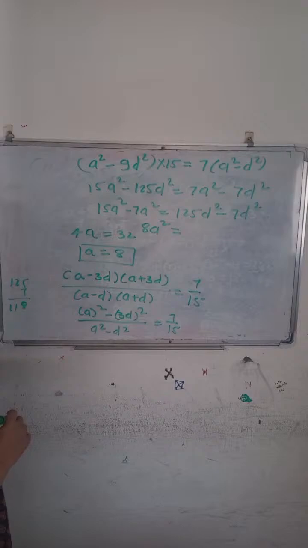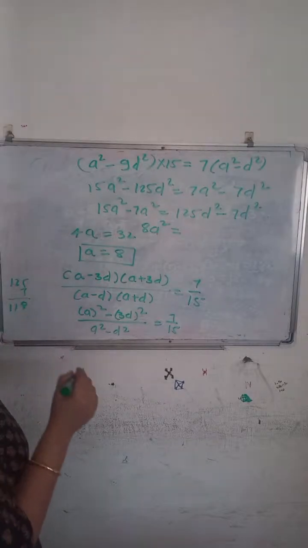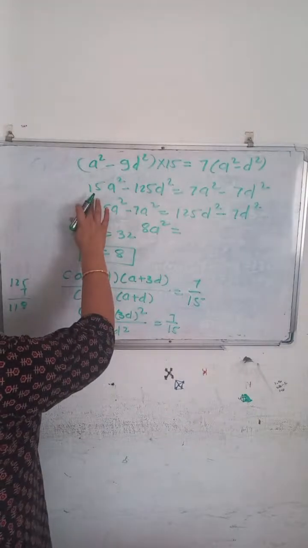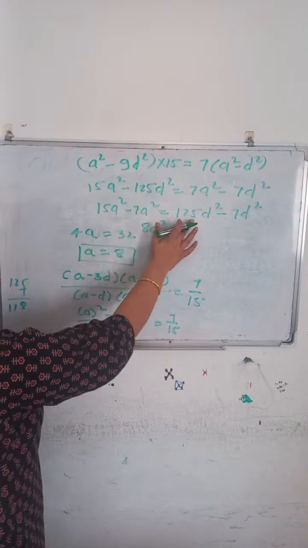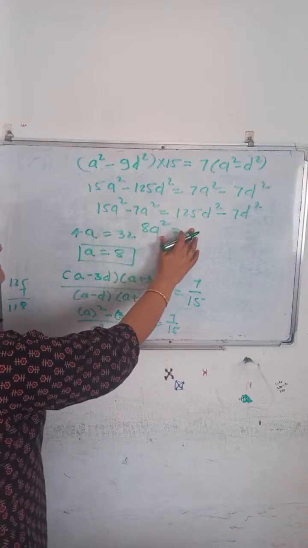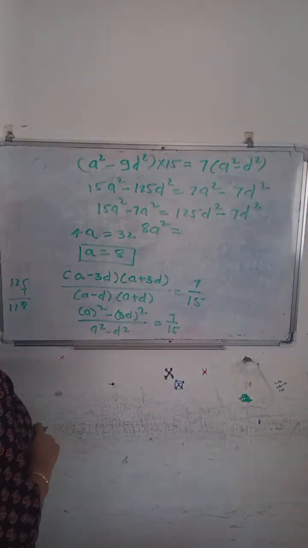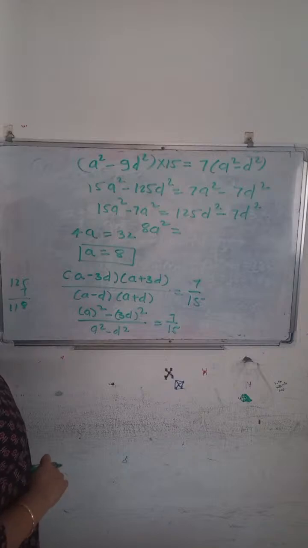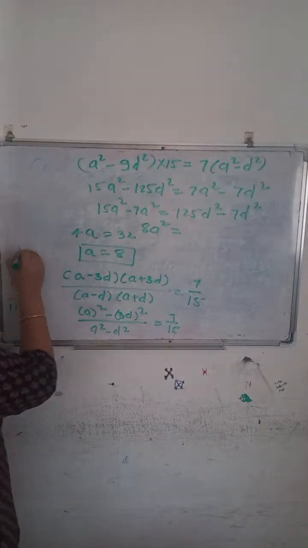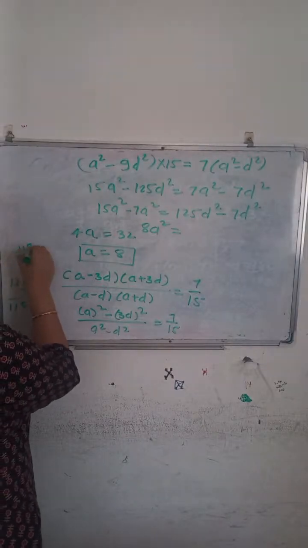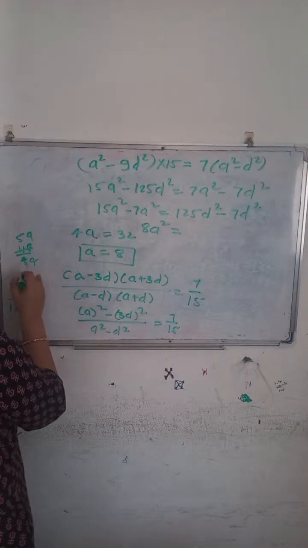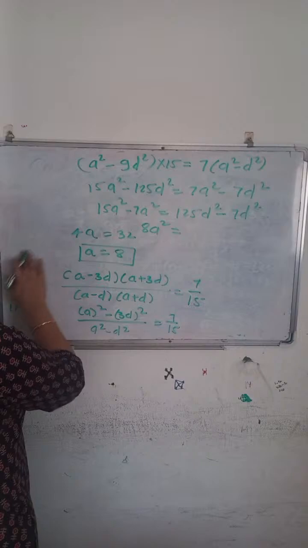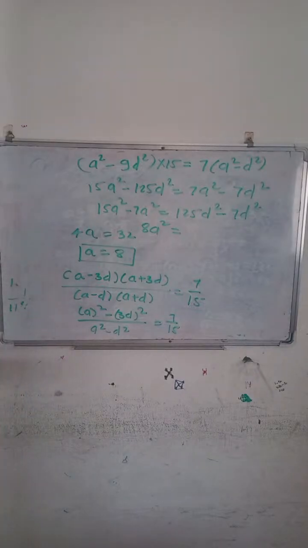Are all the calculations correct? Because if we divide, then we are getting a fraction. So this is 15a square plus a, this will become minus, then this is plus and this will become minus, correct? Yeah, it's 118. Check once what the answer is. I am getting something here.